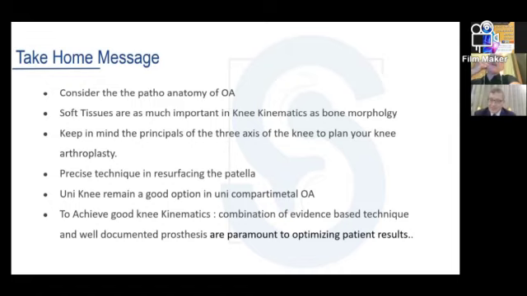Definitely, because there are some laxities that cannot give you the opportunity to put a regular knee arthroplasty. Mainly patients who had already a pantad of the knee. The posterolateral corner is very important. You cannot put a regular knee without the popliteal tendon, for example. If you have no popliteal tendon, the knee is not stable anymore.